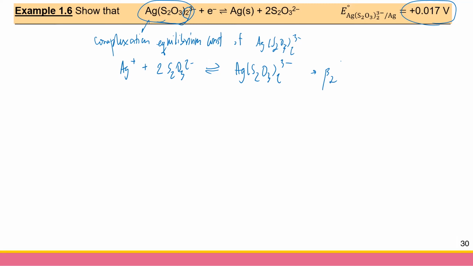What is beta 2 of this one? It's going to be the silver thiosulfate complex over silver multiplied by thiosulfate squared, because this is 2, so you need 2 here as well.